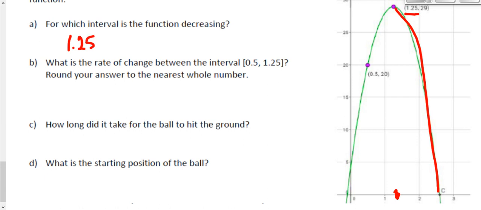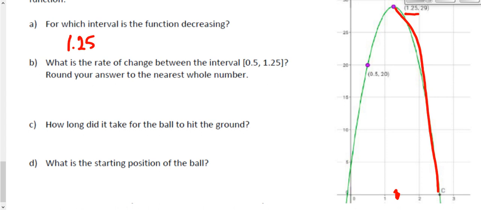Now, for interval notation, we need to make sure to use either parentheses or brackets, depending on whether the value's included or not. Since we're going downhill, we need to figure out if the point 1.25, the x value of the vertex, is included in where we're decreasing.